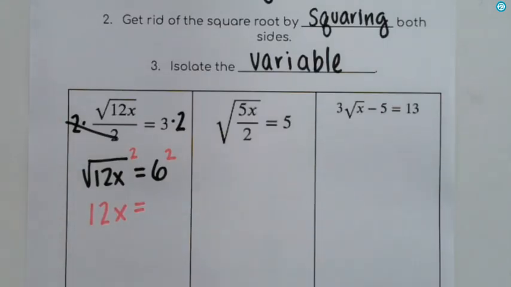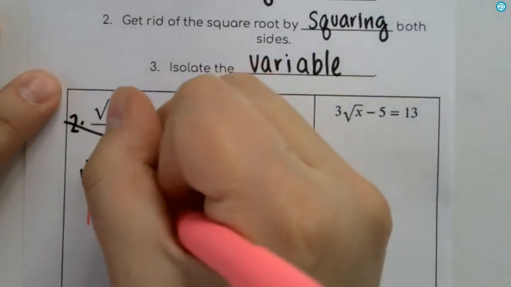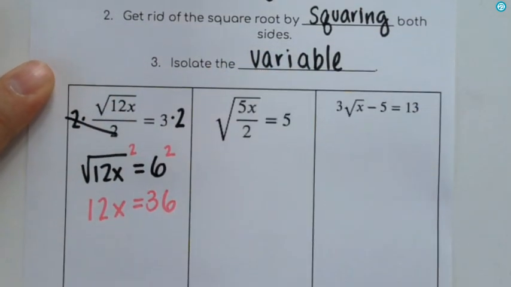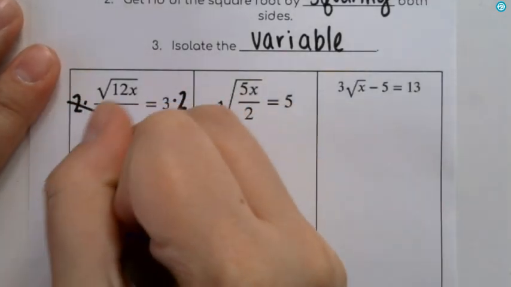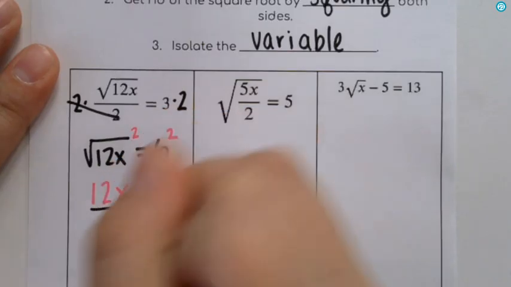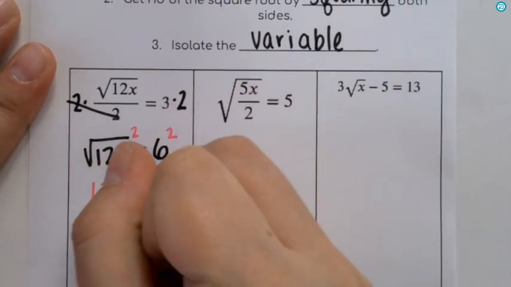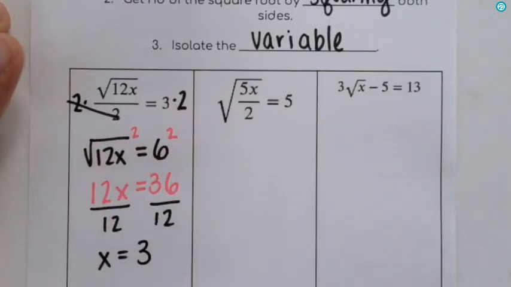And then on the right side, what is 6 squared? 36, not 12, 36. Multiply it by itself. Don't multiply it by 2. And then once you get rid of your square root, it's just a normal equation. So from here, I can divide both sides by 12. I get x equals 36 divided by 12 is 3. So I put in pink that new step, squaring both sides.